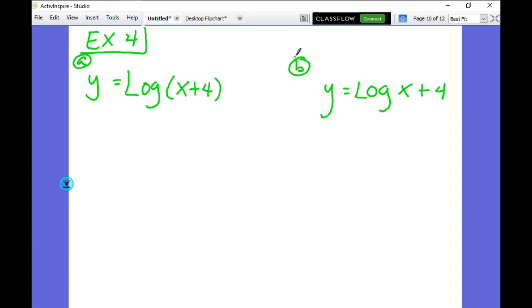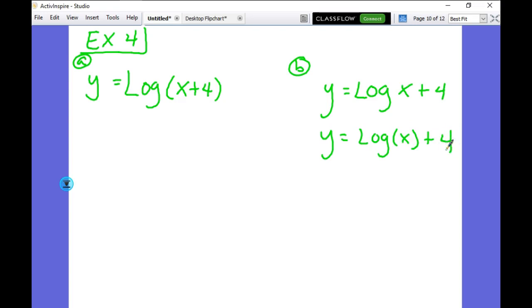The one on the left has those parentheses, and the one on the right doesn't. Now, the one on the right, you can think of it as having parentheses if you want to. But they won't write it like that for you typically.